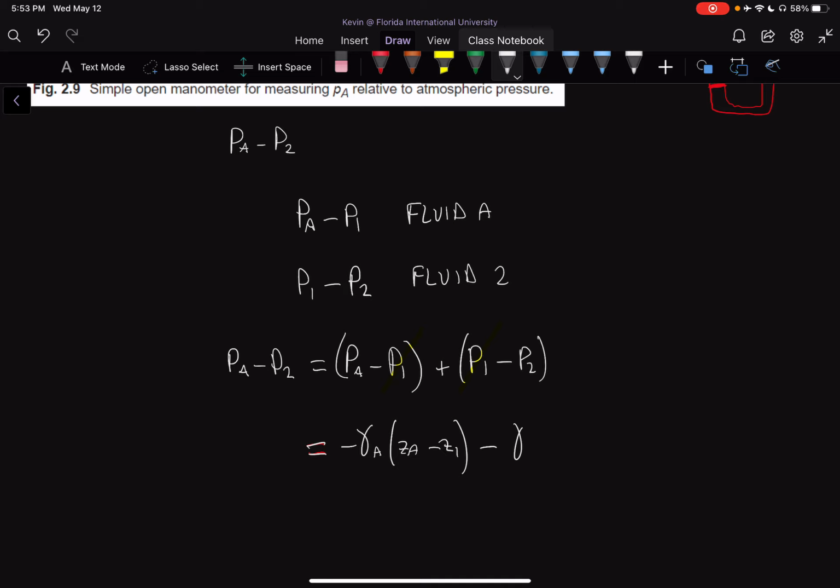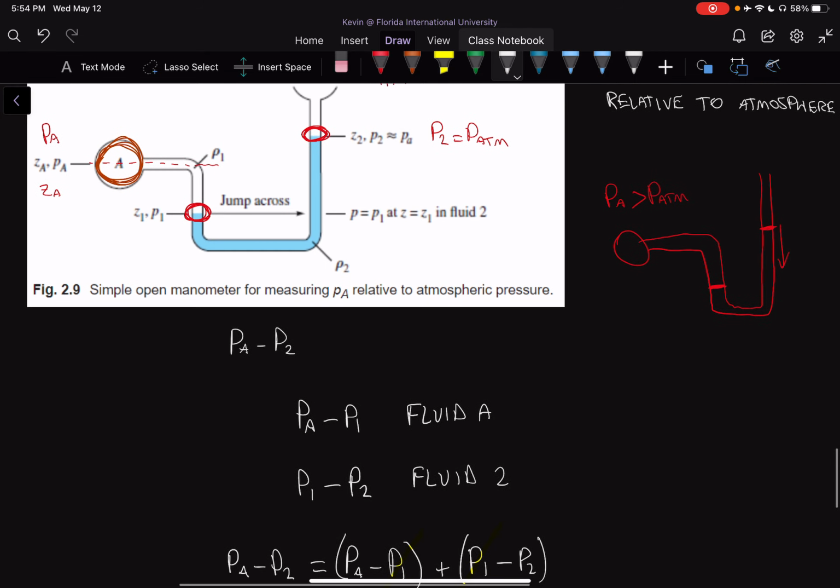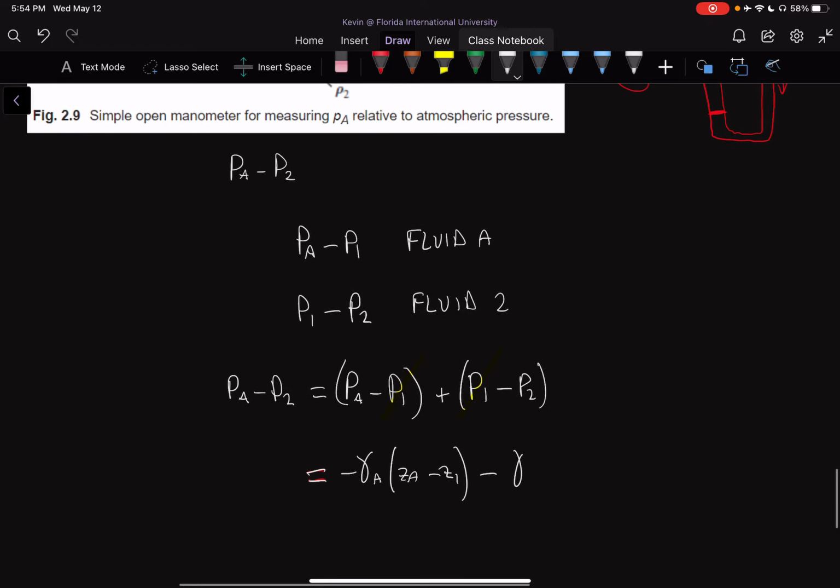Actually, I'm going to call this fluid B. I guess it makes more sense. No, let's put it as fluid 2. So this is fluid 2, which is our liquid.